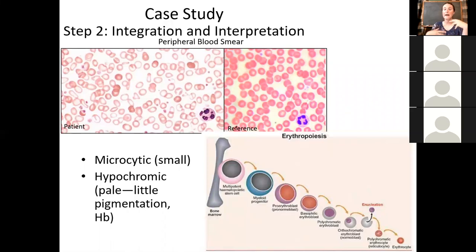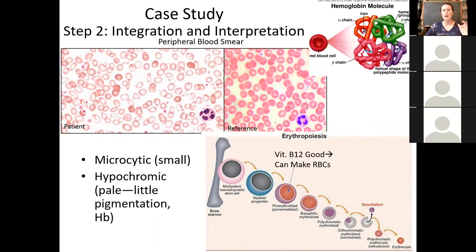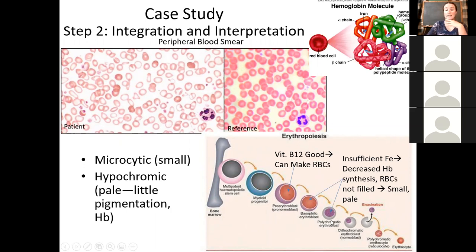Okay, so if we look back at this graphic of erythropoiesis, let me remind you that vitamin B12 is required to make new red blood cells. Remember, her B12 levels were in the expected range, so she can make red blood cells, right? She has red blood cells, and that is probably not the problem here. Hemoglobin, on the other hand, is created in these steps right here.